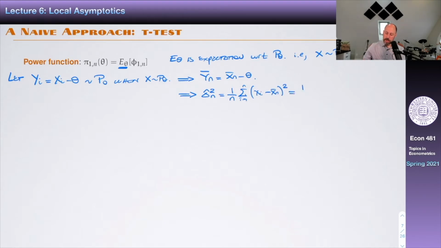Well, we just move the location. So if you add and subtract theta inside, this is exactly the same as this. So the sample variance of these random variables x's is exactly the same as the sample variance of these random variables y's.